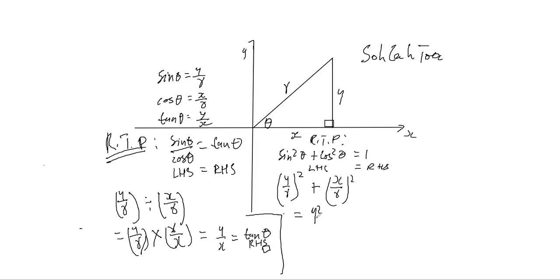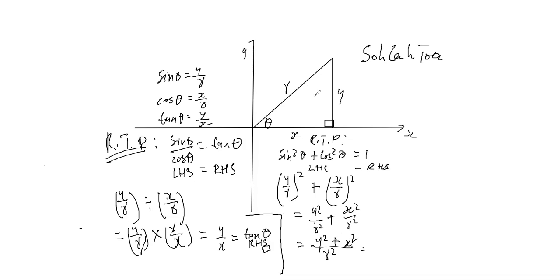So what's happening here? I hope you are very okay with your algebra at this point. You see, I've got y squared over r squared plus x squared over r squared. But we know that when we have fractions and the denominators are the same, you can simply add up the numerators. So that's exactly what I'm going to do here. But wait a minute.